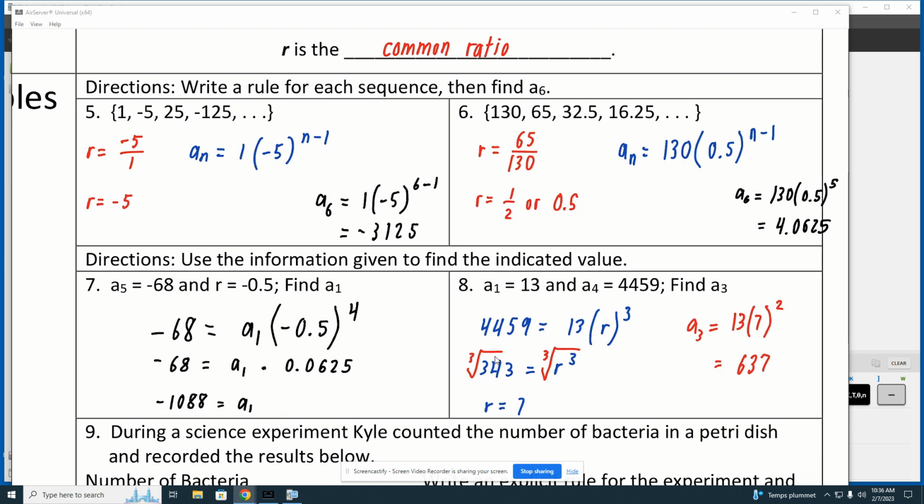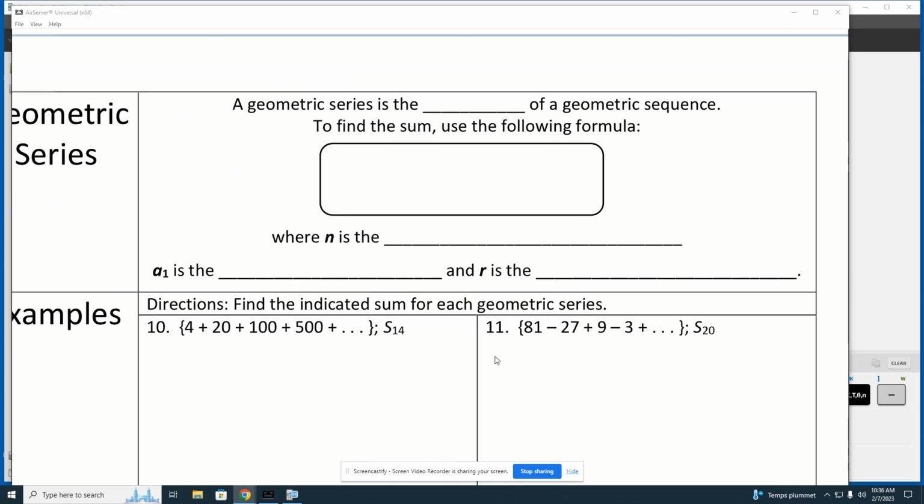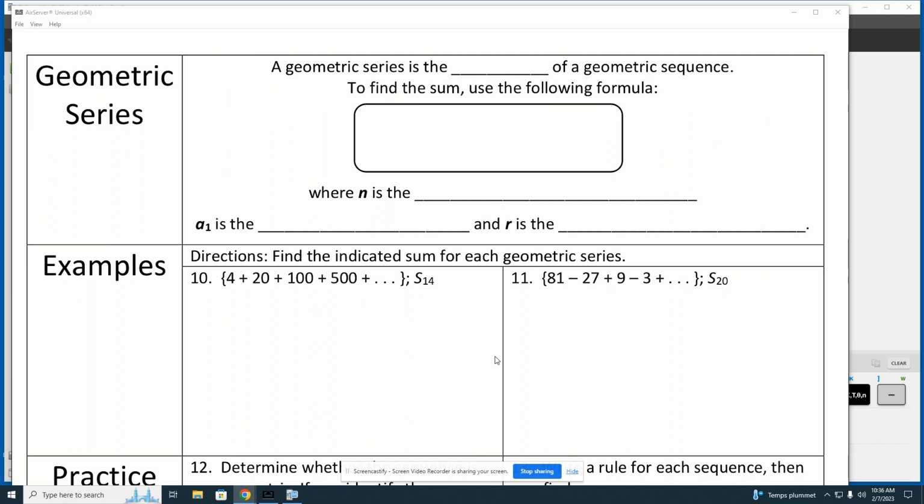Now, that leads us to the last little section. And if you guys recall, back whenever we did arithmetic series, there was also a new equation. And what did I say? We're not going to use it, so we marked it out. And what did we do instead? When we had an arithmetic series, I didn't show you the new equation.